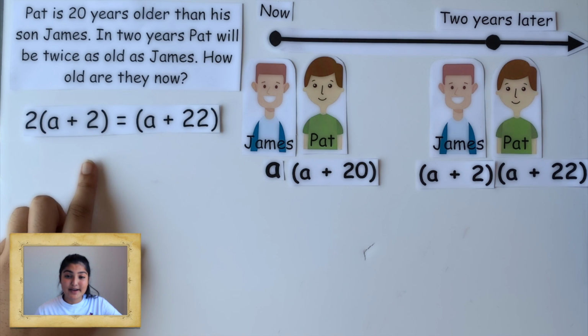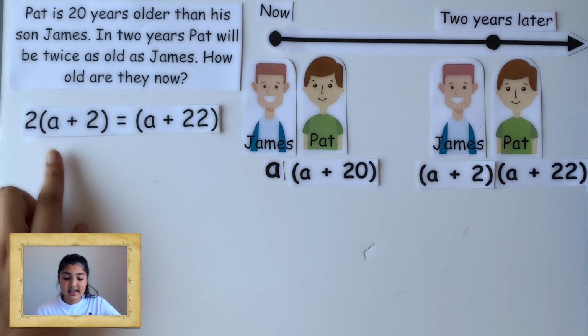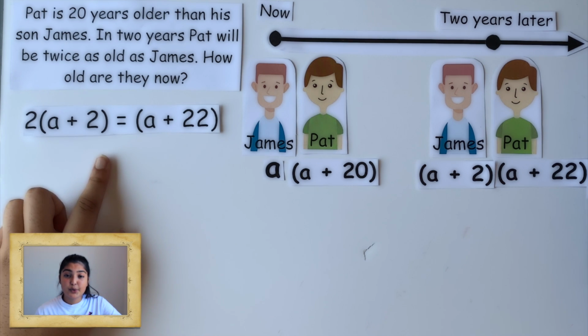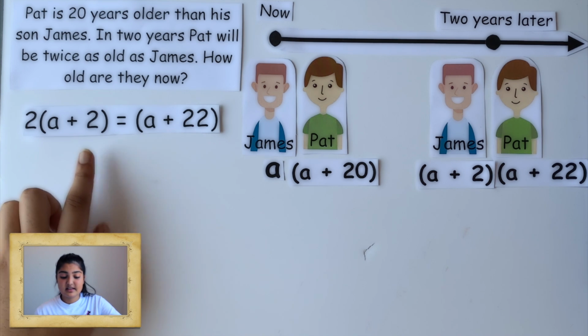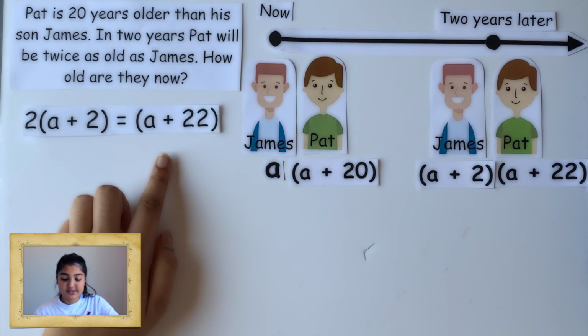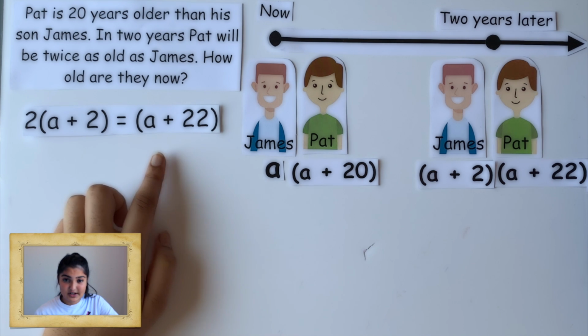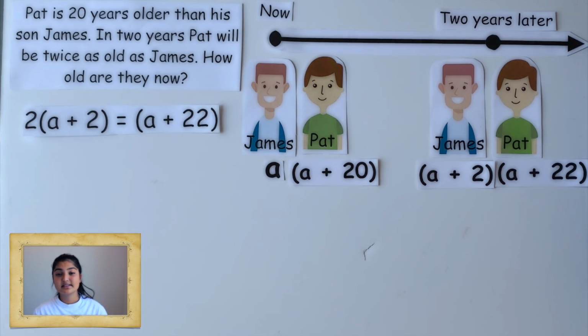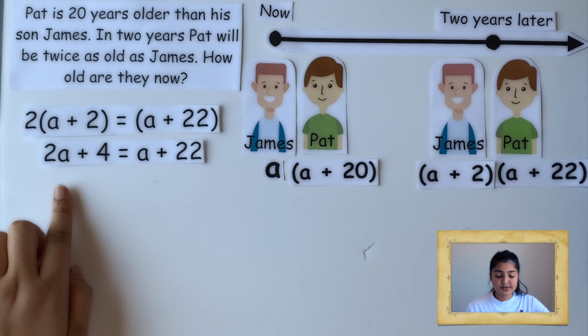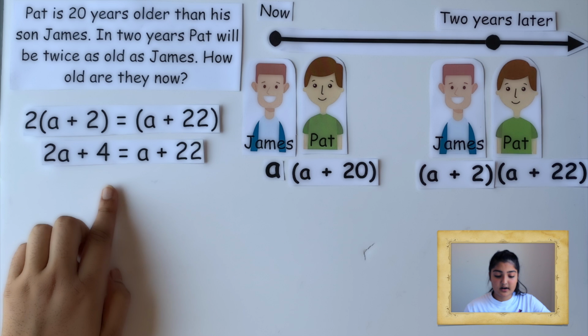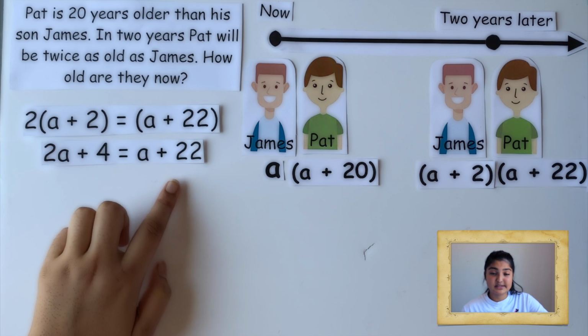We can set up our equation like this. 2 times (A plus 2), which is James' age in 2 years, is equal to A plus 22, which is Pat's age in 2 years. Now, let's open the parentheses. 2A plus 4 is equal to A plus 22.